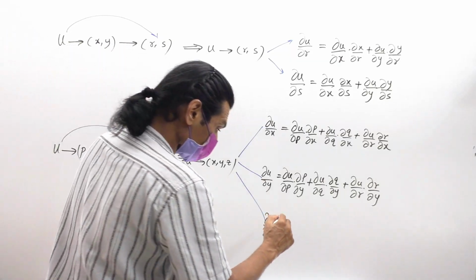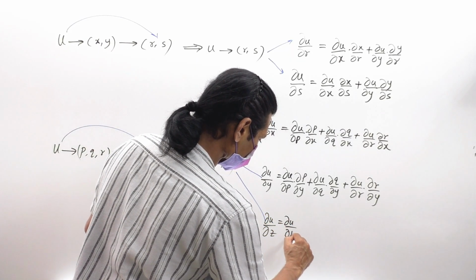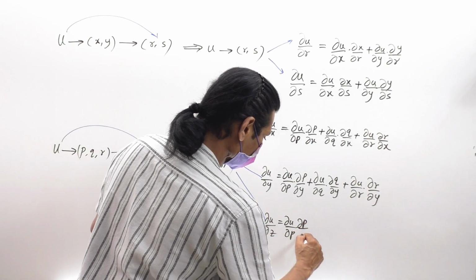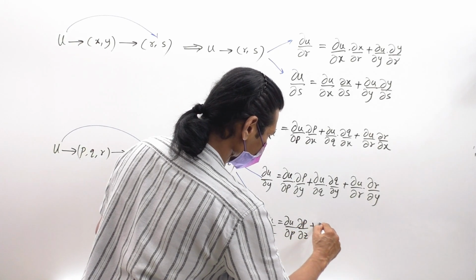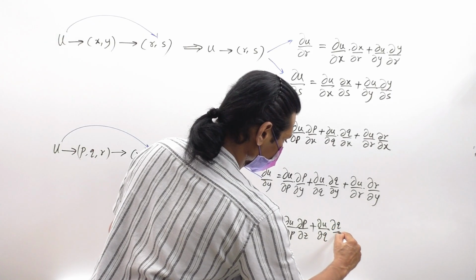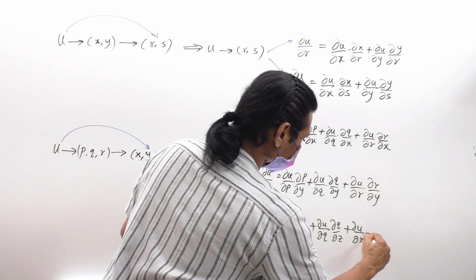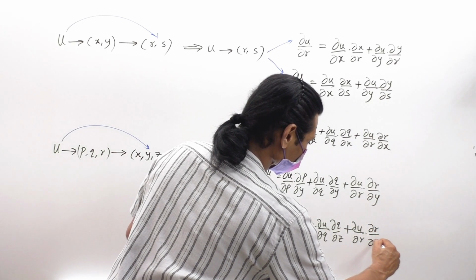Fine. And lastly, dou u by dou z will be dou u by dou p into dou p by dou z, plus dou u by dou q into dou q by dou z, plus dou u by dou r into dou r by dou z.